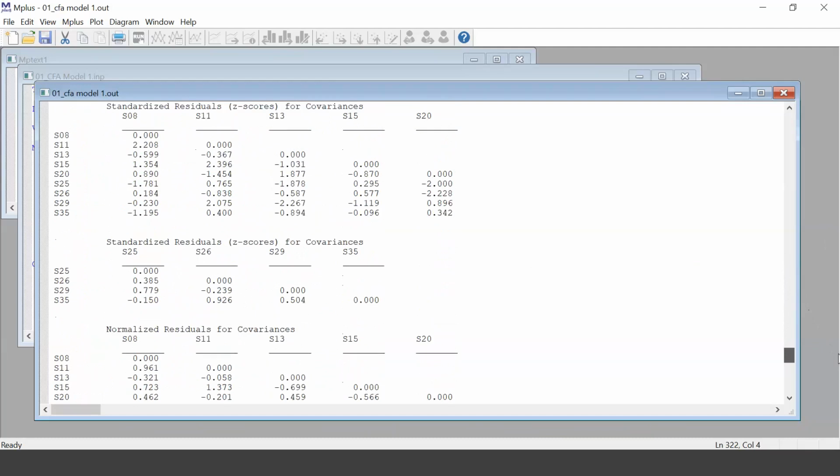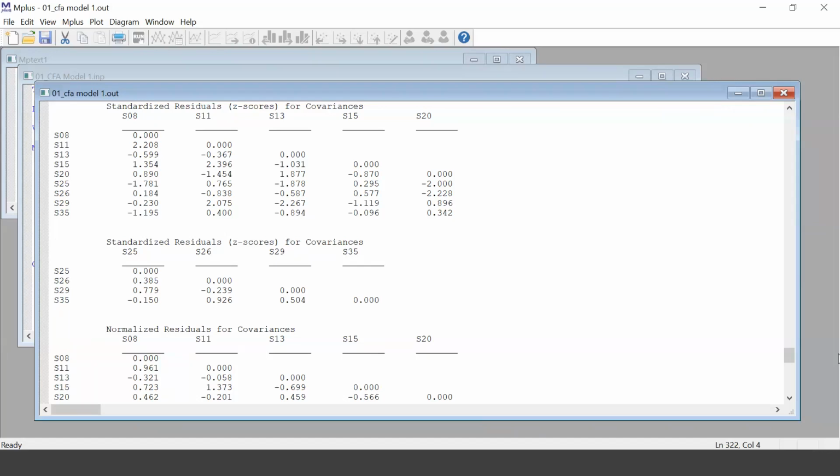And these are in a z-score metric. So any standardized residuals that are between -2 and 2 are considered to be fine, right? And when the standardized residuals end up outside that -2 to 2 range, that means they are statistically significantly different from 0.